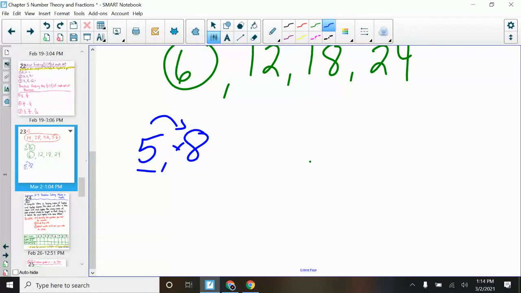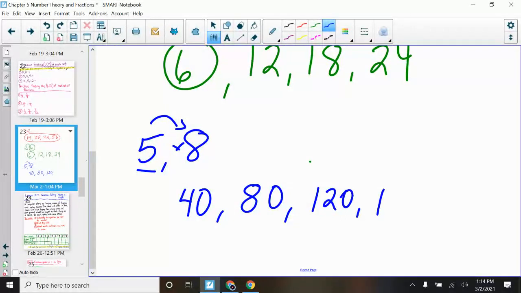And what do we get? 40. So there's your smallest number that they have in common. Now to get the next one, just add 40 more, which would be 80. And then 40 more, 120, and then 40 more, 160. There's your first 4 common multiples.